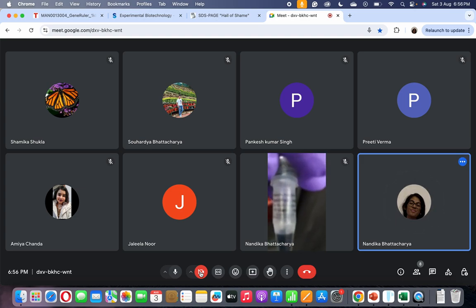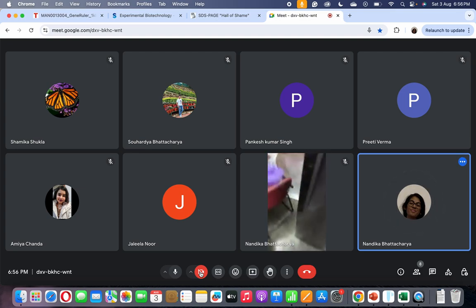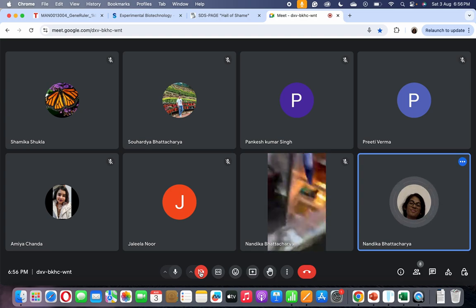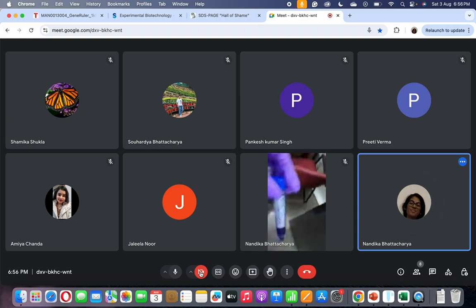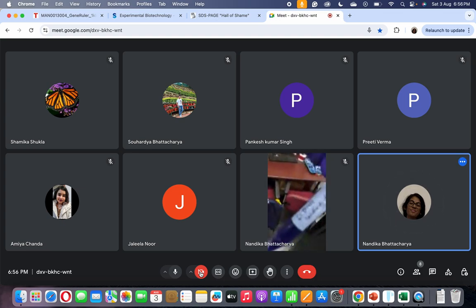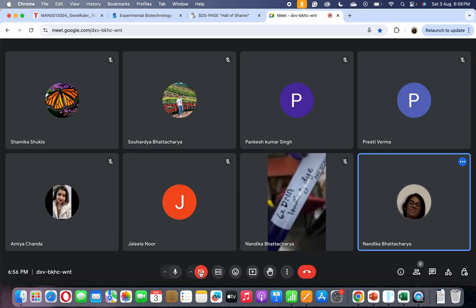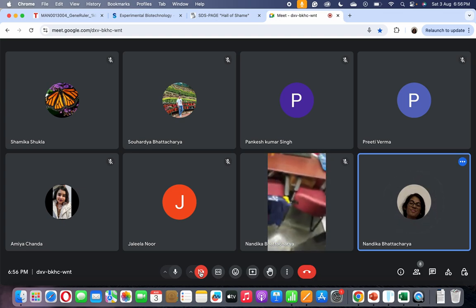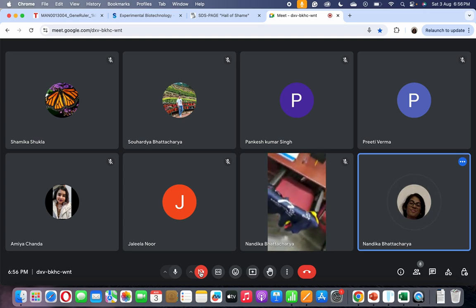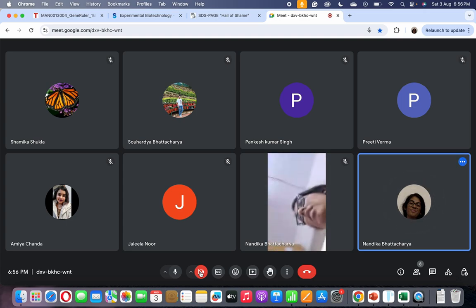So this will tell you what kind of bands you expect to see in the standard. And the other thing we need is a loading dye. This is 6x DNA loading dye. This is basically bromophenol blue, glycerol, and water. It's not anything fancy.